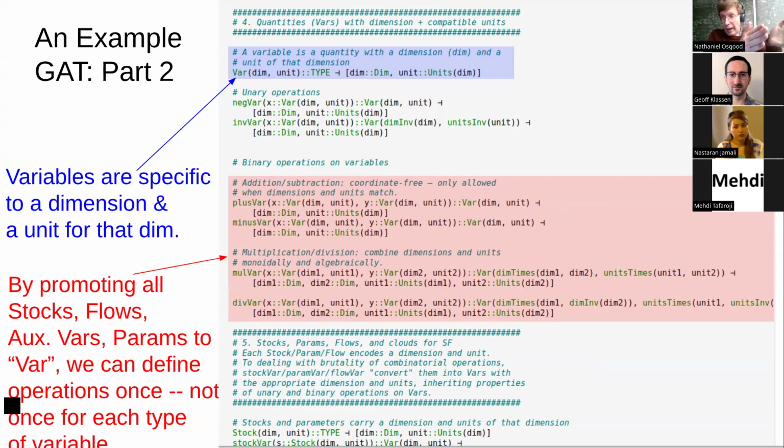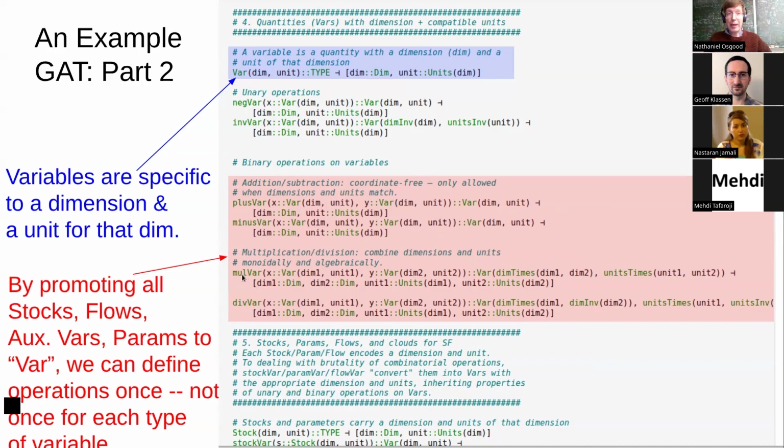They're compatible dimensions and units, so we can add them together. The sum of them will be of that same dimension and unit. Notice that these have to be the same dimensions and units. Same thing with minus, right?